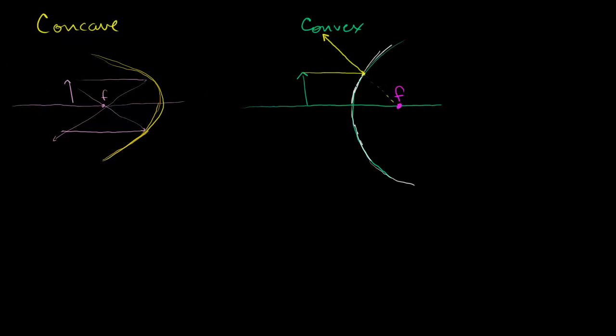And then if we have another ray from the head of this object, from the tip of that arrow, and that ray is going in the direction of the focus. So the focus is there. Let me draw the direction. So let's say I have an incident ray going in the direction of the focus. When that gets reflected, it will reflect parallel to the principal axis.